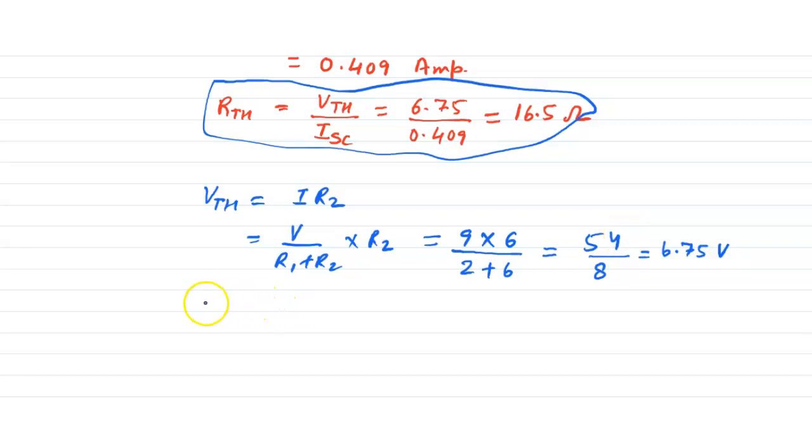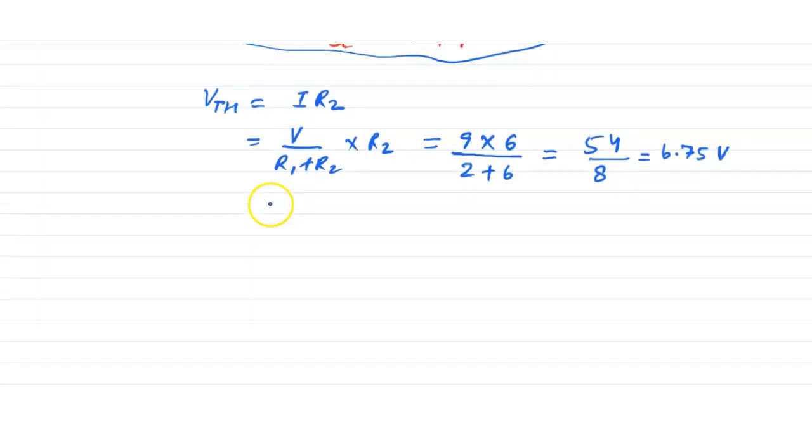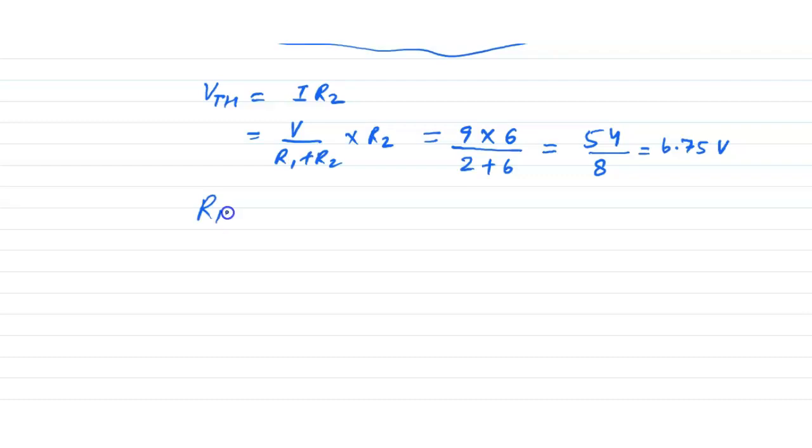And when you find the Thevenin resistance, then you will get R3 plus R1 R2, and RTH is equal to R3 plus R1 dot R2 divided by R1 plus R2.